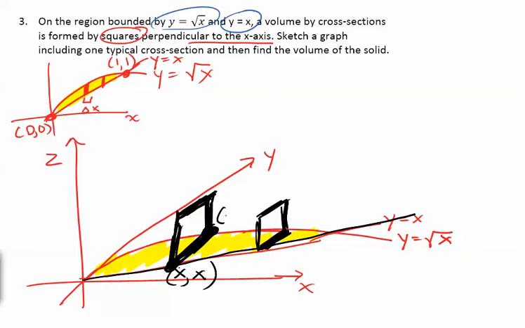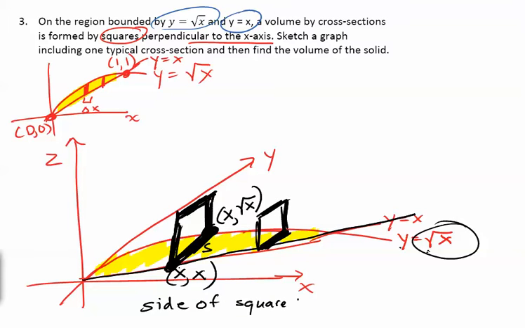And this point over here has the same x coordinate, but its y coordinate comes from the function value, square root of x. So the side s of each square goes from square root of x to x. So for the area of the square, we would have to square that side.